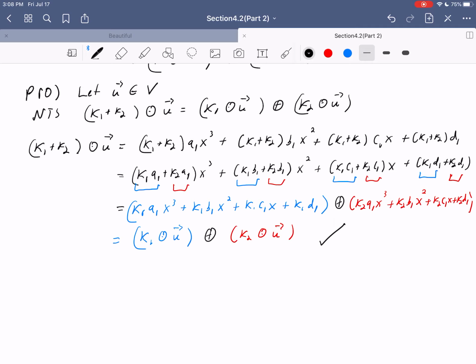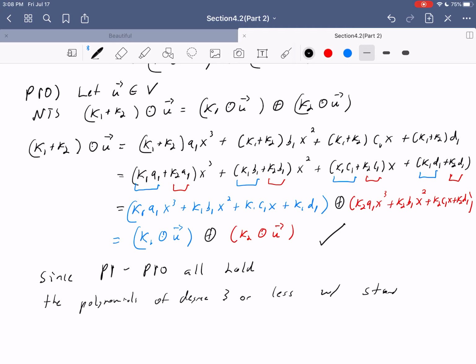What this means is since P1 through P10 all hold, the polynomials of degree 3 or less with standard operations is a real vector space.